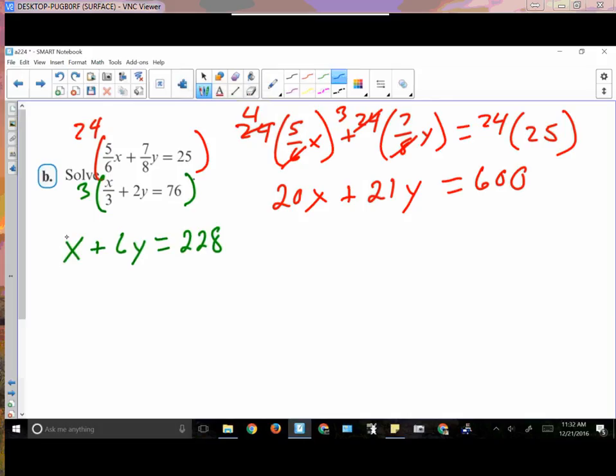Because I do not have anything on this x, I could multiply it through by something so that I'd get the same variable, same coefficient with opposite sign. So my question is, what should I multiply the x by? Negative 20. So if I multiply through by negative 20, negative 20 times x gives me negative 20x. Negative 20 times 6 gives me negative 120y. Negative 20 times this over here, that gives me what, 4560?